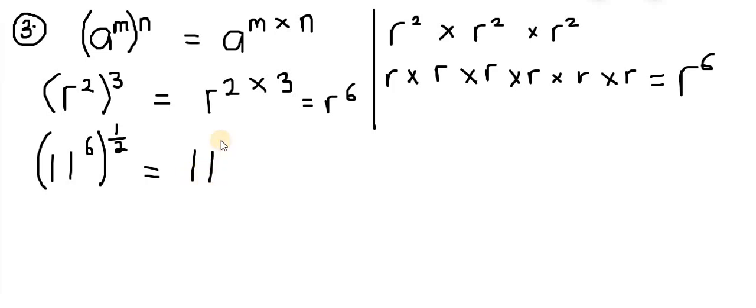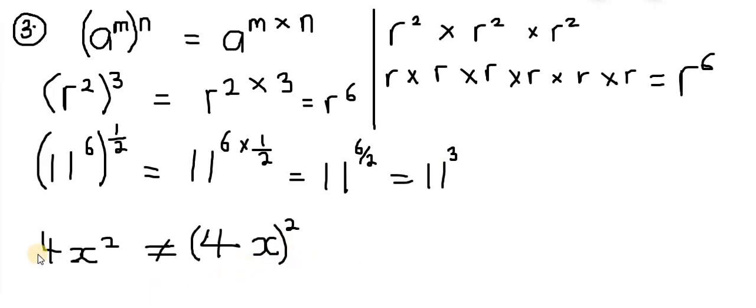That's 11 to the power of 6 times half. Okay, that's 11 to the power of 6 over 2, depending on how you approach that, and you end up with 11 to the power of 3. Okay?